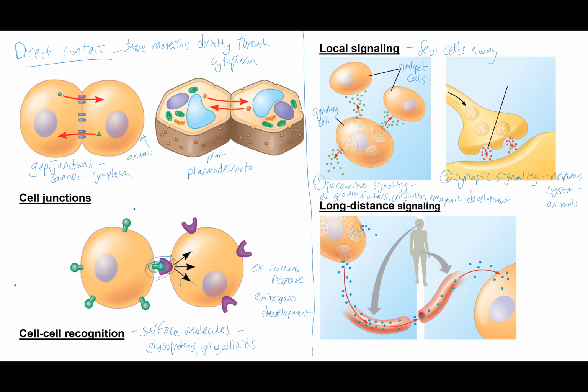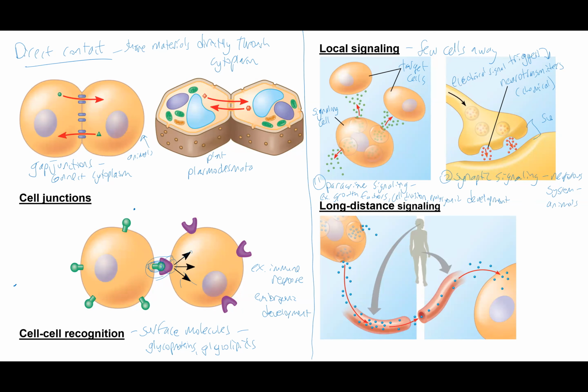So the message is coming down the nerve as an electrical signal. So this electrical signal comes down, and that's going to trigger the release of neurotransmitters, which are chemicals. So the electrical signal is coming down. It's going to trigger the release of these neurochemicals, these neurotransmitters, which are going to diffuse across the synapse.